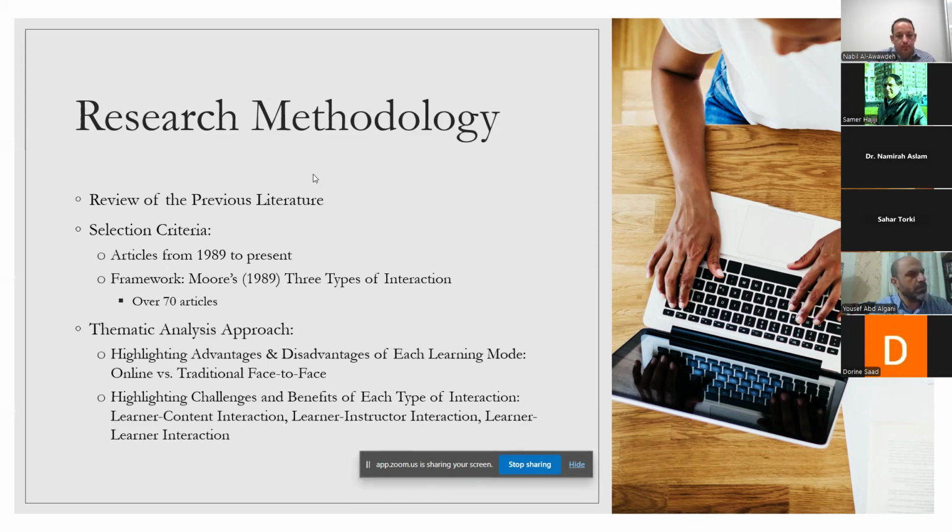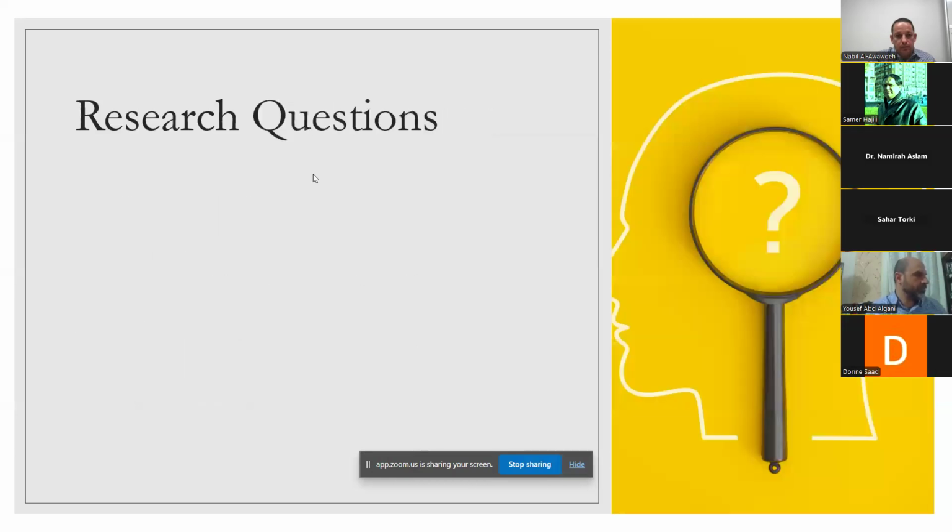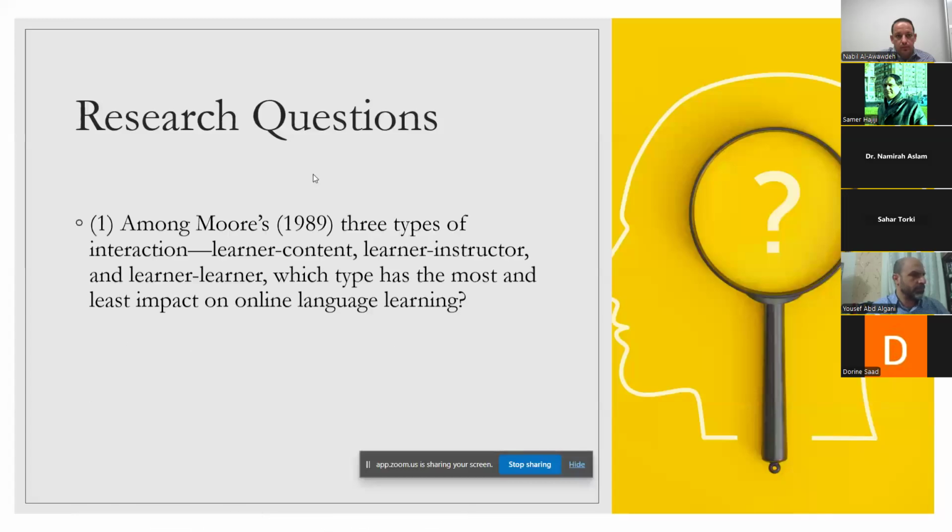I analyzed these articles thematically, and I highlighted the advantages and disadvantages of each learning mode. I also highlighted the challenges and benefits of each type of interaction, that is learner-content, learner-instructor, and learner-learner. I came up with three research questions.